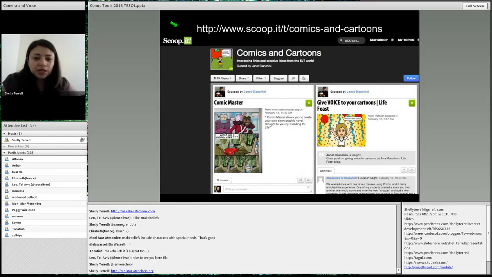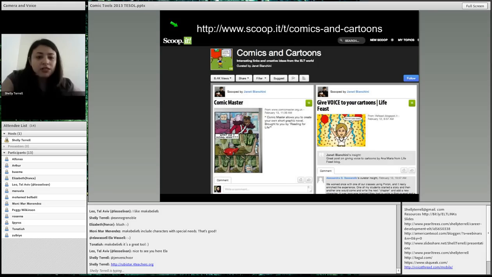This is one of the greatest tools that I have found. Janet Bianchini, one of the participants, has written so much great information about comics. She has what's called a Scoop.it. Every day she bookmarks comic creation tools and how teachers use them. She has literally hundreds of them. It's a wonderful resource, geared for language learning as well.